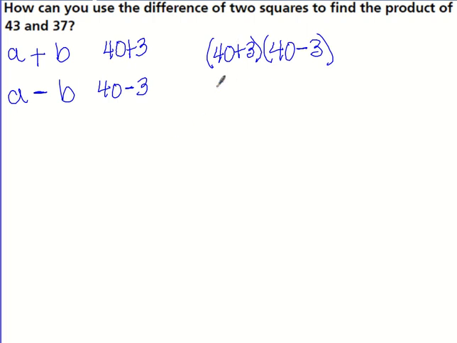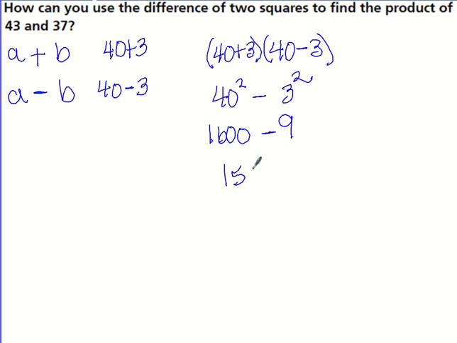So I'm going to go 40 squared minus 3 squared, because it's a squared, b squared, subtract them. 4 times 4 is 16, I'm just going to add 2 zeros, so 1600, minus 9. If I subtract 9, I know I need to borrow.